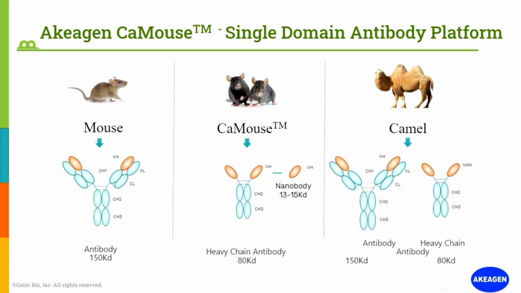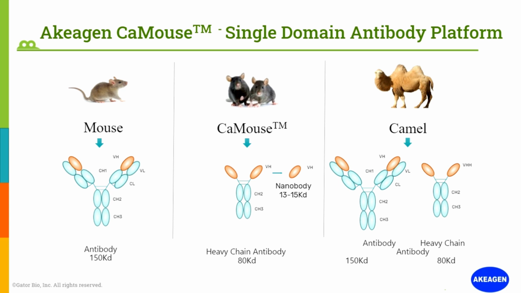They call the VH domain of the heavy chain-only antibody nanobody. And we know that many therapeutic antibodies come from mouse, from hybridoma, and later from humanized mouse. And so in mouse or human, there exists only the conventional antibody, which has both the light chain and the heavy chain.